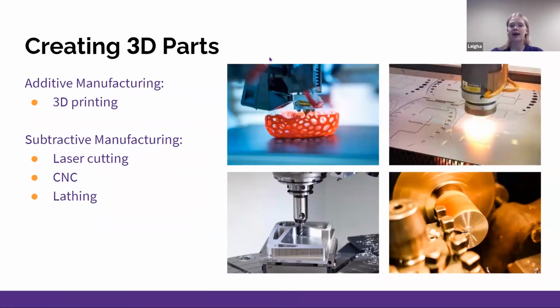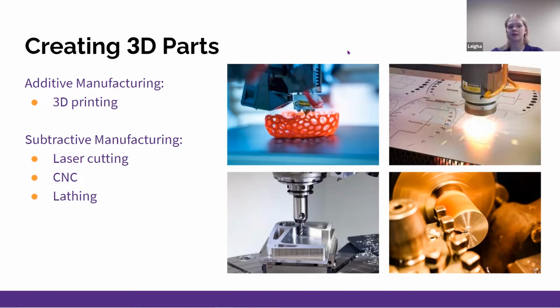So once you have a CAD, you have to create the 3D part. These are a few of the main ways to create parts. There's additive manufacturing and subtractive manufacturing. Additive manufacturing is something like 3D printing, where you start out with nothing, and then it builds up, putting plastic or metal or other materials like nylon down layer by layer, building up until you have the part.